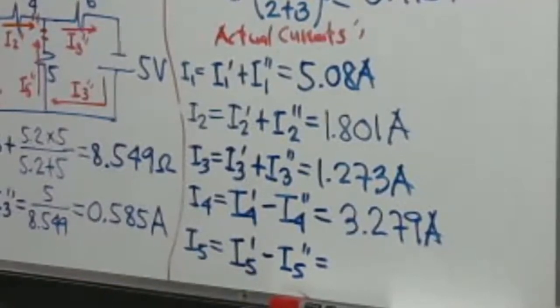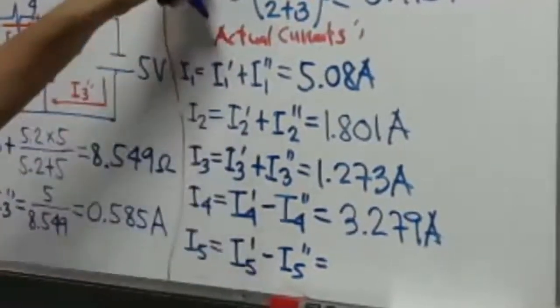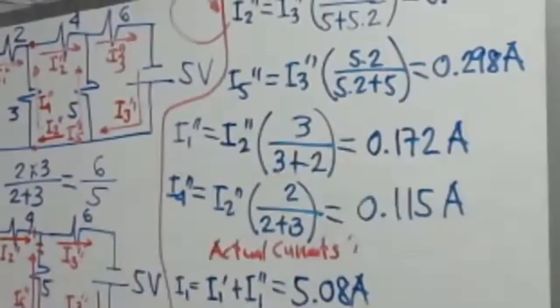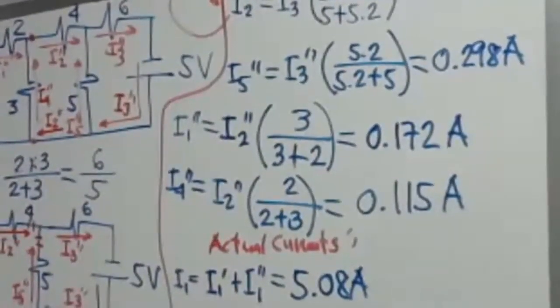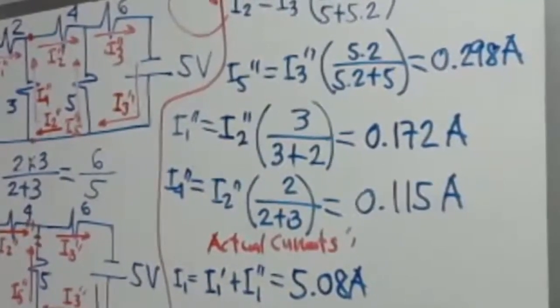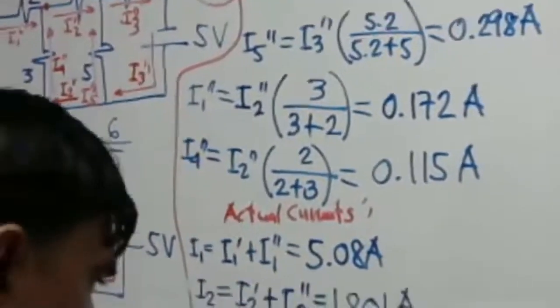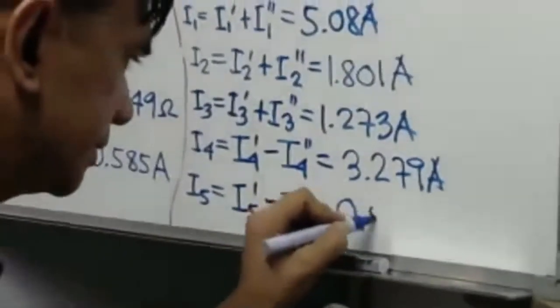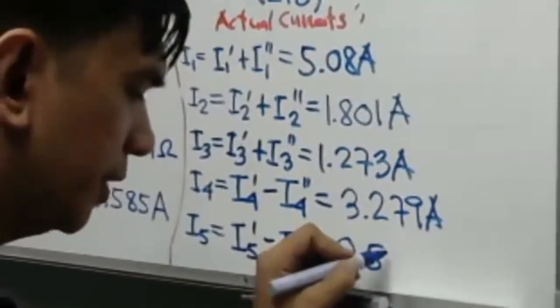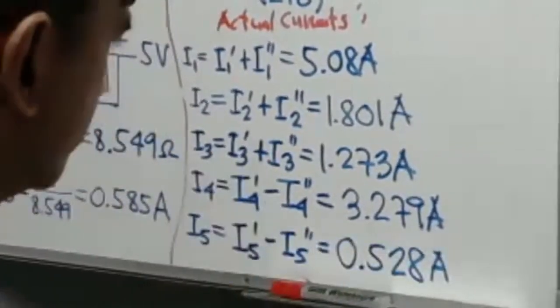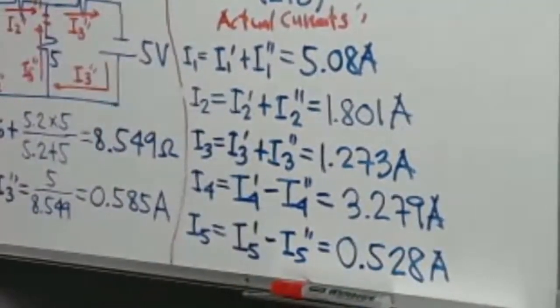I5 double prime. What is I5 double prime? I5 double prime is 0.298. So the answer here would be 0.528 amperes or 0.53 for 2 decimal places.